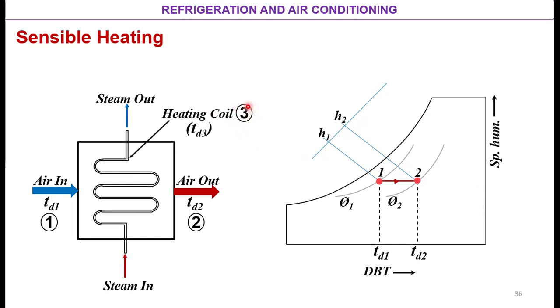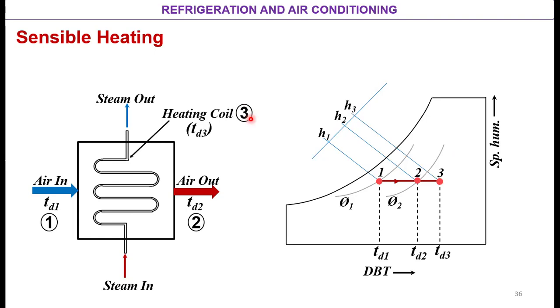It is the heating coil surface temperature. Will the heating coil surface temperature be greater than the temperature at point 2 or lower? Greater than. So point 3 will be on the right hand side of point 2. Let us see whether it is on the right hand side or not. Yes, point 3 will be on the right hand side.